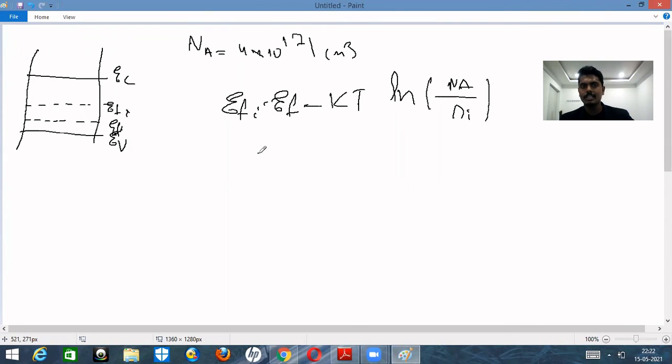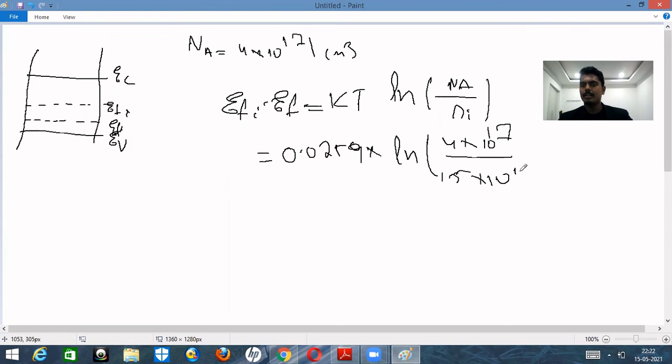Okay, so we already know that KT is nothing but what? So 0.0259 into ln of Na upon ni. What is the value of Na? It is nothing but 4 into 10 power 17. And what is ni? 1.5 into 10 power 10. Okay, so here you will have only 10 power 7.